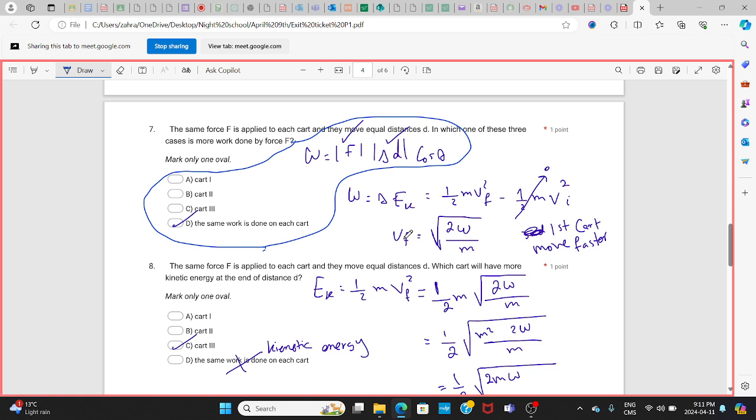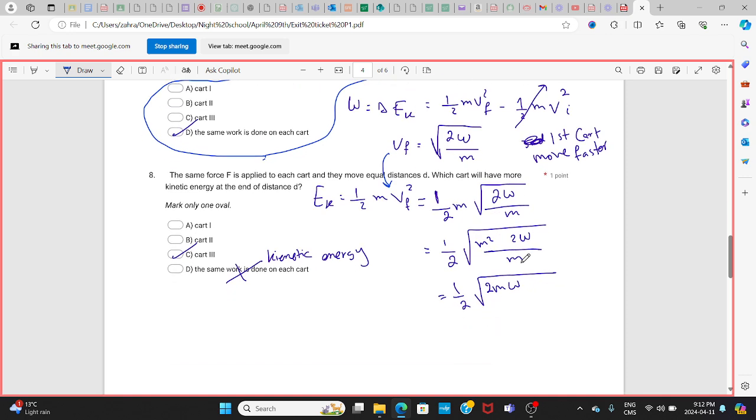Just rearrange it for v final. Okay, so that would be my v final. Then put that in this equation. You bring the m inside the square root, it becomes m squared. You just cancel m squared and m. So you have an m here.